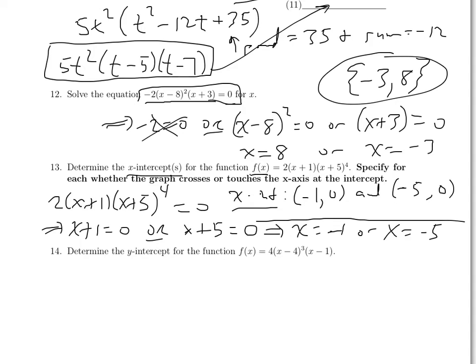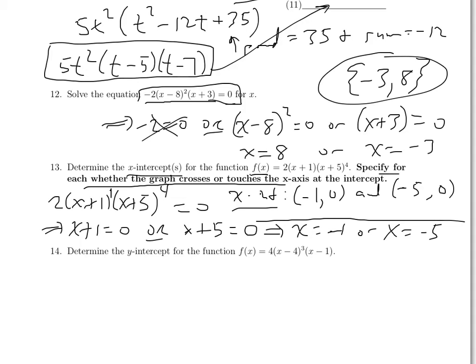Now this part about specifying whether the graph touches or crosses the x-axis has to do with the power of the term in the polynomial. The term that gave us the negative 1 intercept has a power of 1. So that's an odd power.